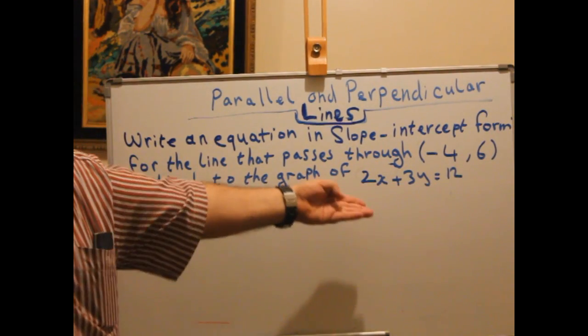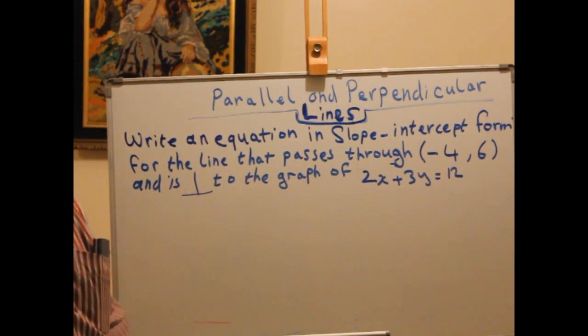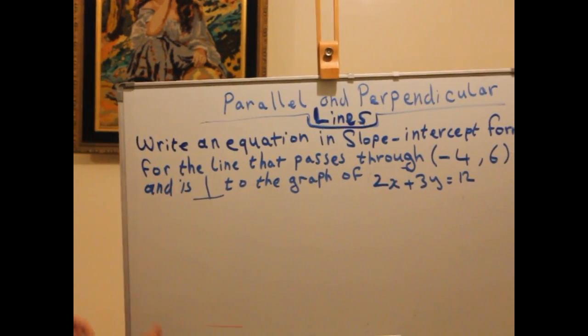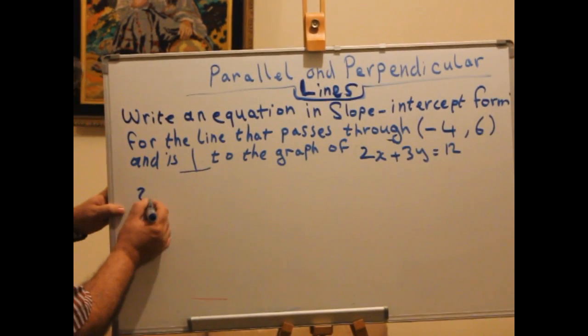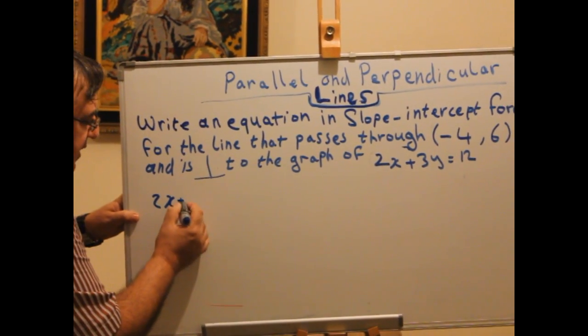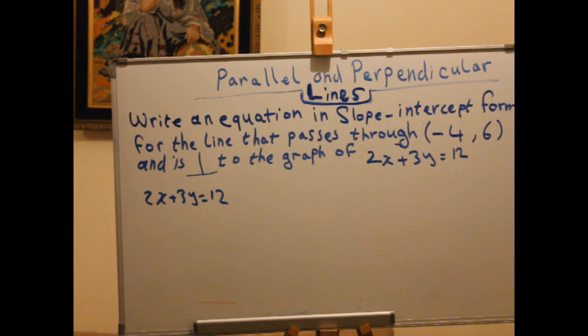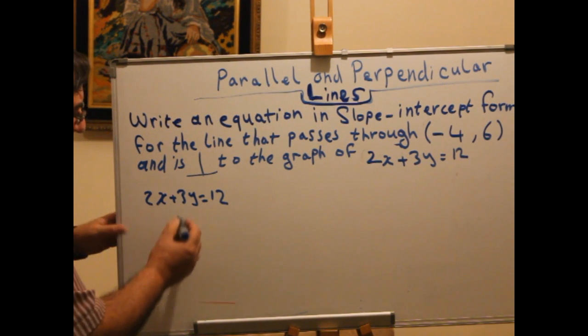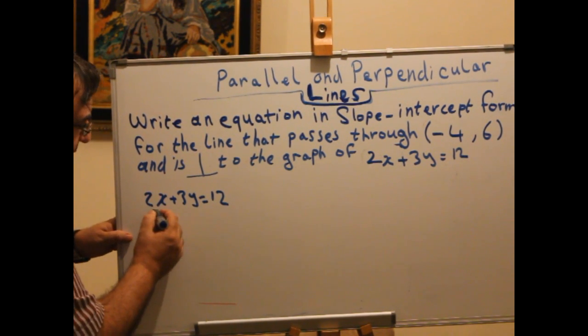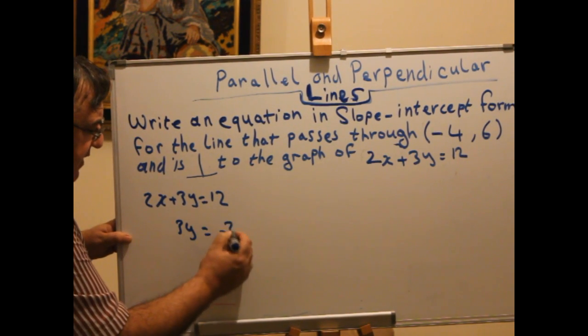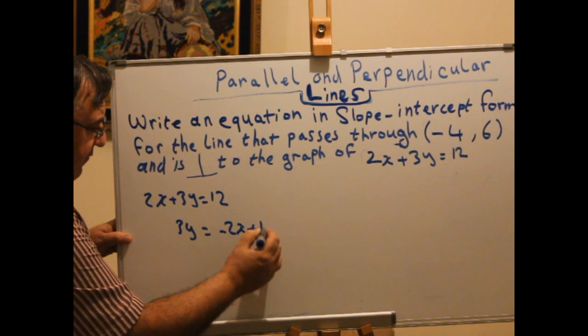Once he gave me the equation, I had to get the slope from this equation. Now it is in standard form. I cannot get the slope, so I have to change it into slope-intercept form. So 2x plus 3y equals 12. I wanted y alone, so I brought the 2x over, which gives 3y equals minus 2x plus 12.